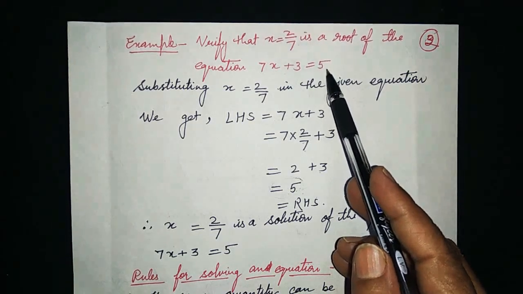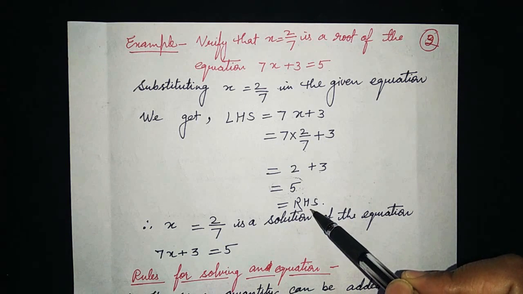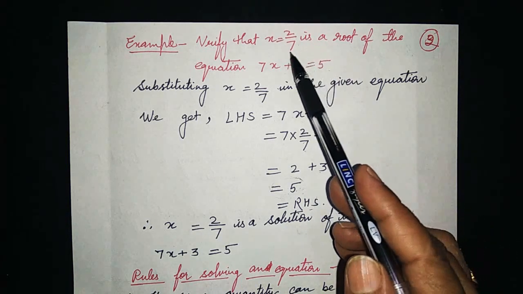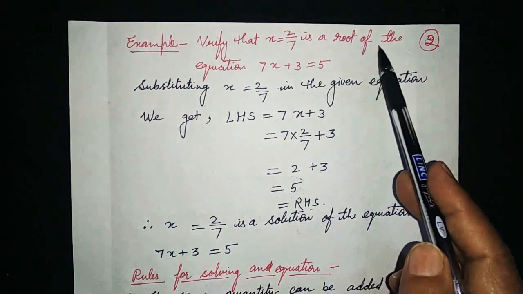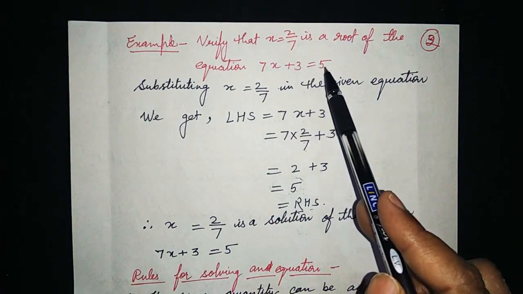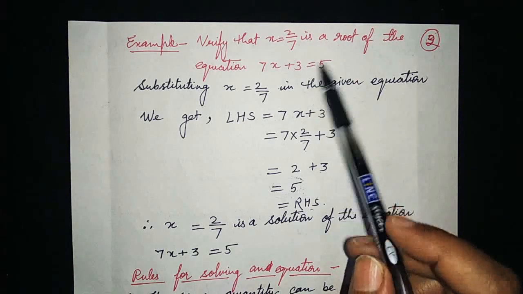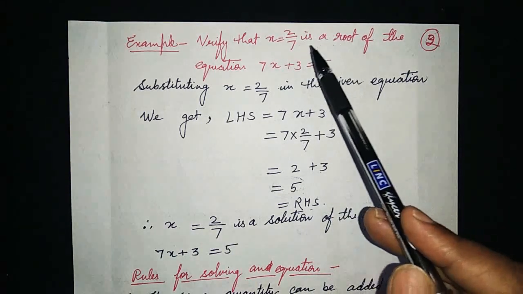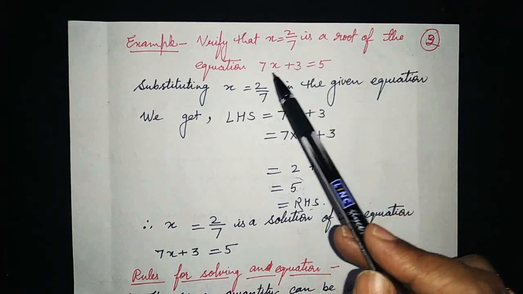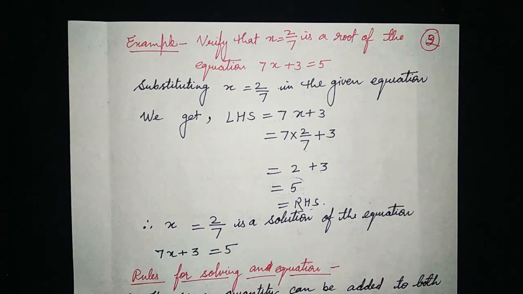It means the left hand side and right hand side are coming the same, and you can say that 2 upon 7 is a root of the equation 7x plus 3 is equal to 5. Or in other words, x is equal to 2 upon 7 is the solution of the equation 7x plus 3 is equal to 5.